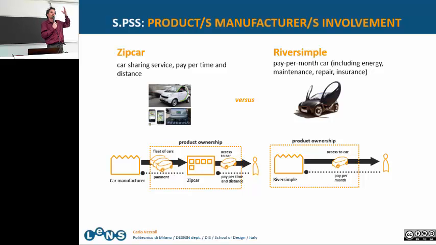So their unit of satisfaction somehow, as we said before. But they are buying the car. In the other case, the manufacturer is the same one that is actually offering the service.